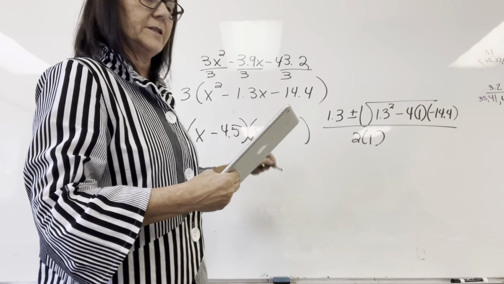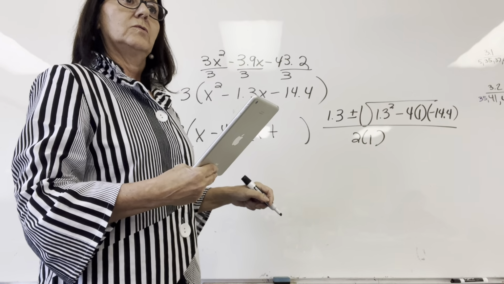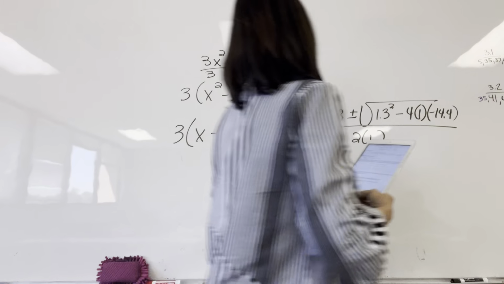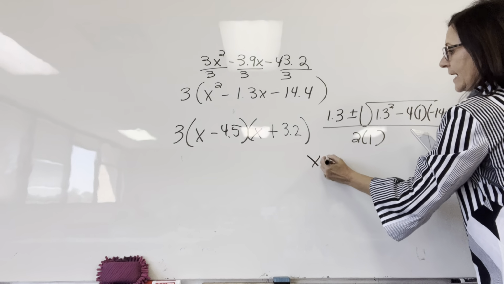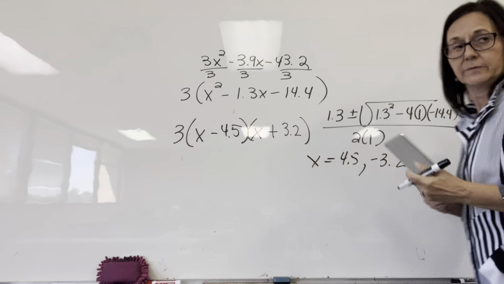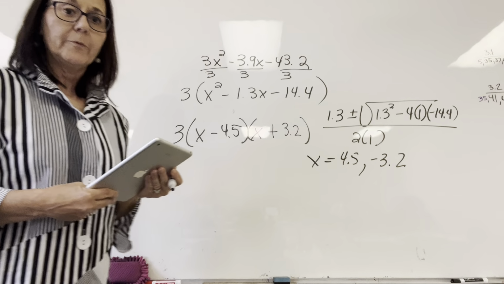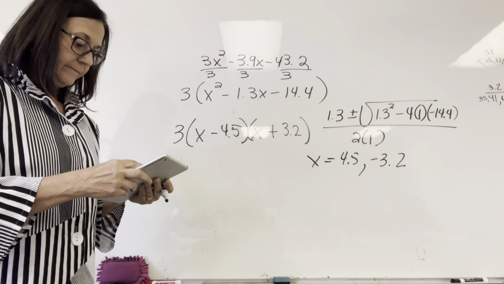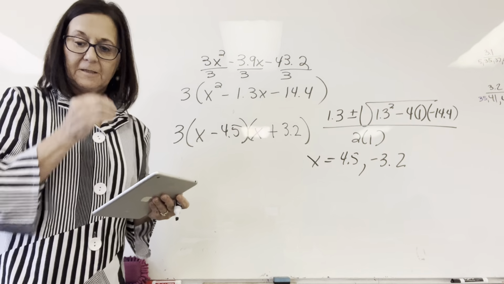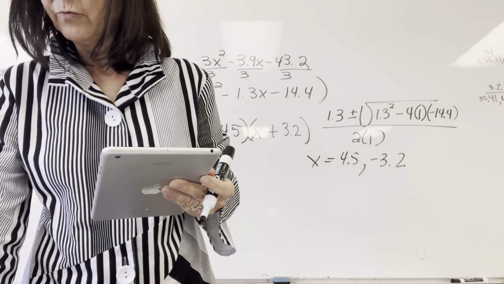The book says 3.2. So you should have gotten x equals 4.5 and negative 3.2. Order of operations is probably why you got an error.